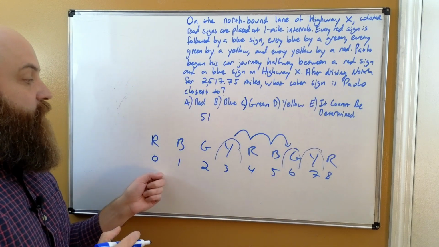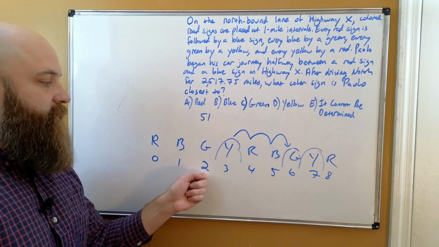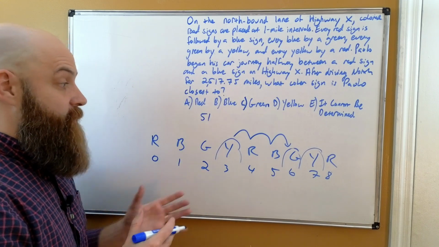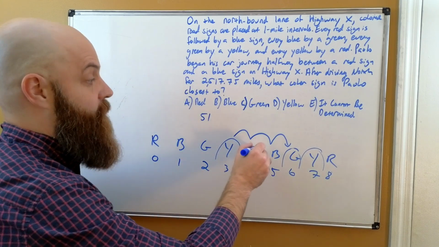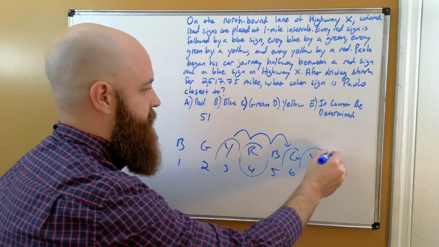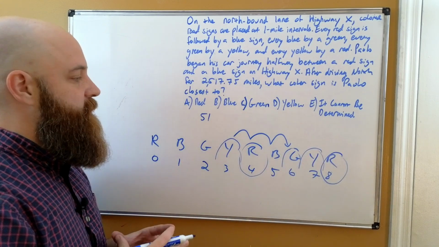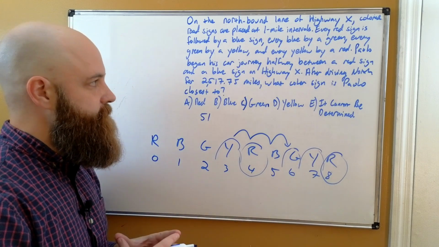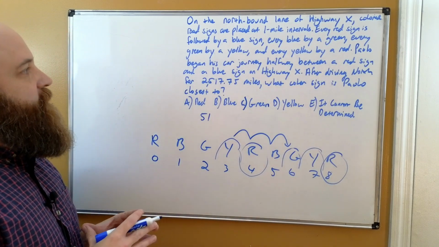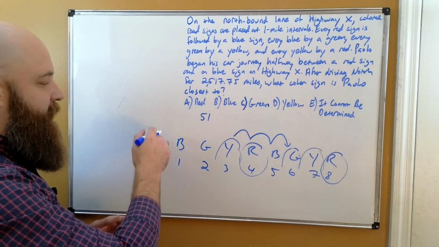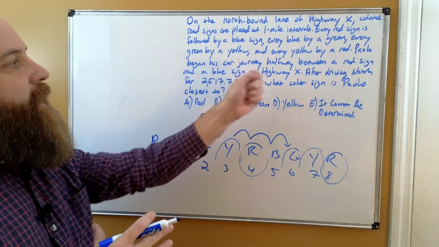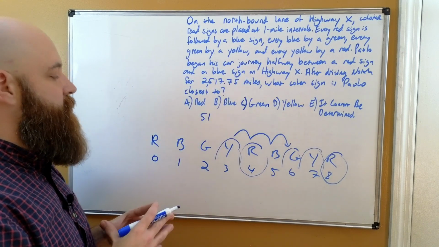If I've traveled 2 miles, 1, 2 past my starting point, I'm at 2 in my numbering scheme. Great. Now I notice my multiples of 4 have shifted. Now multiples of 4 are red, but that's okay. Still the same basic concept. 4 is red, 8 is red, 12 is red, etc. Now, speaking of starting points, I've been assuming a starting point of red for this demonstration, but if I read closely, aha, I'm starting halfway between a red sign and a blue sign.